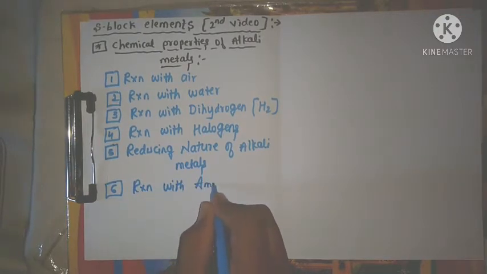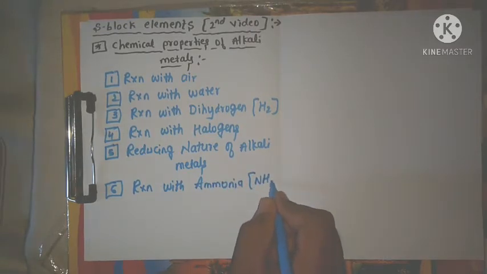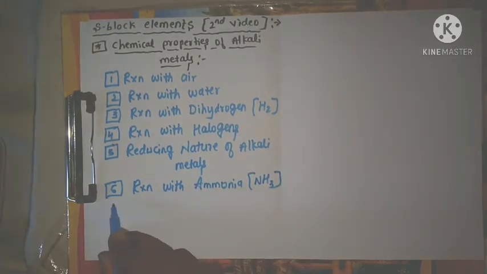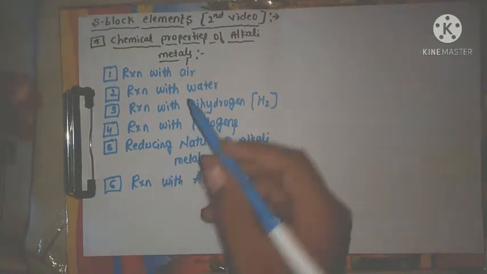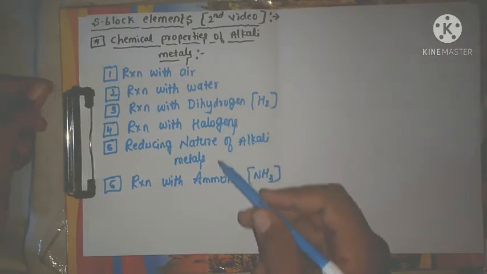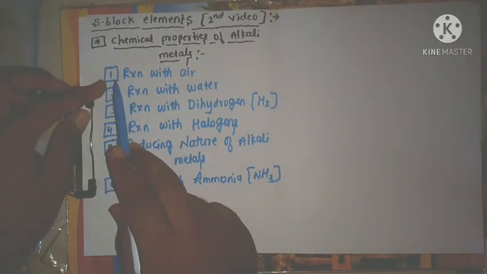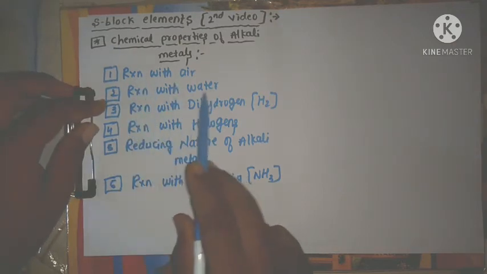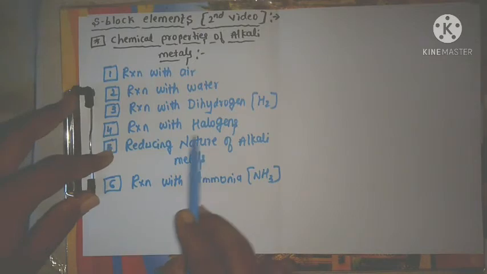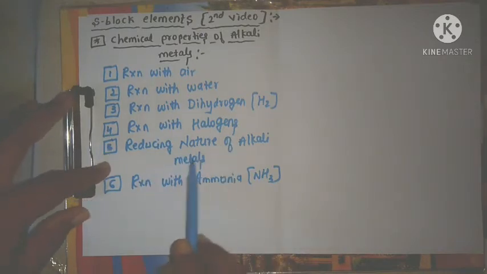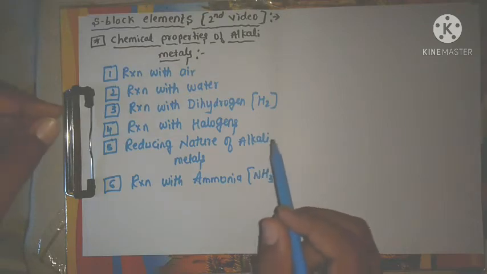Ammonia formula is NH3. How the alkali metals react with NH3, that we are going to study in the sixth chemical property of the alkali metals. Now, these six we want to discuss: first, reaction with air; second, reaction with water; third, reaction with dihydrogen; fourth, reaction with halogens; fifth, reducing nature of alkali metals; and the last, reaction with ammonia. One by one we will discuss.